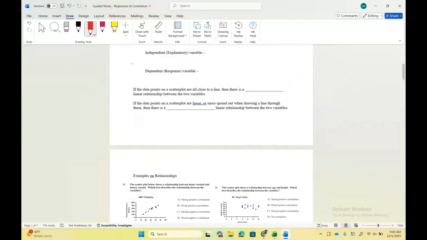All right, we're going to talk about the independent or explanatory variable. This is usually the x value, okay? This is the variable that influences the response variable.